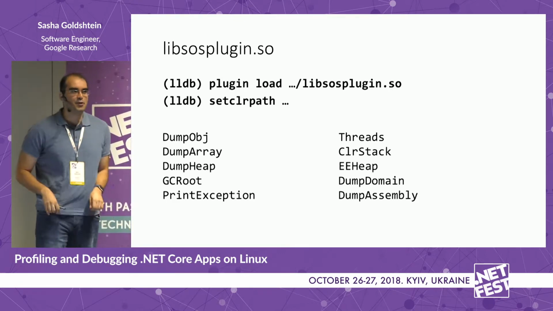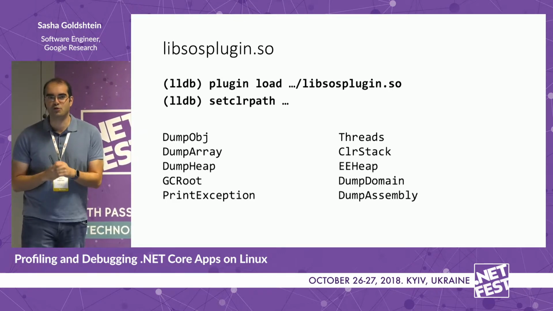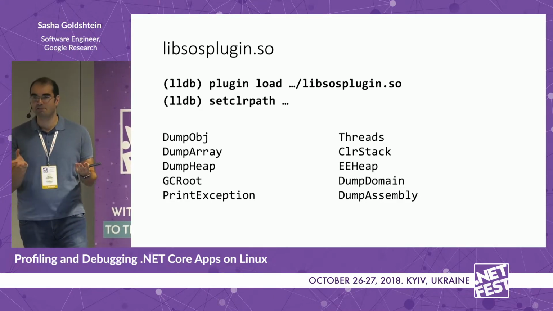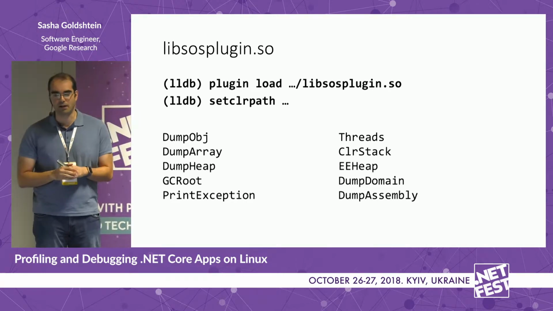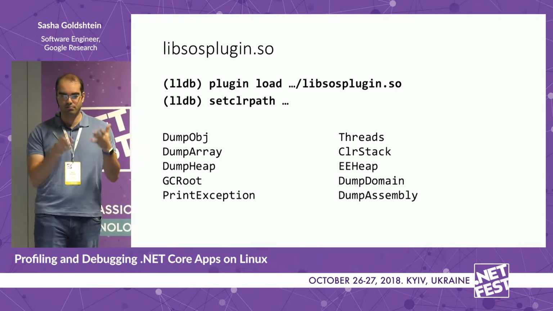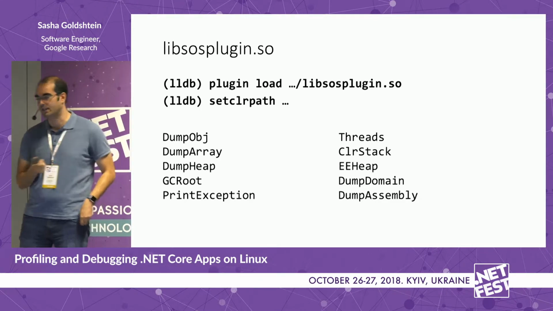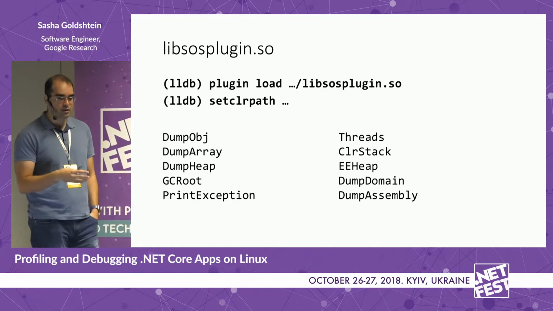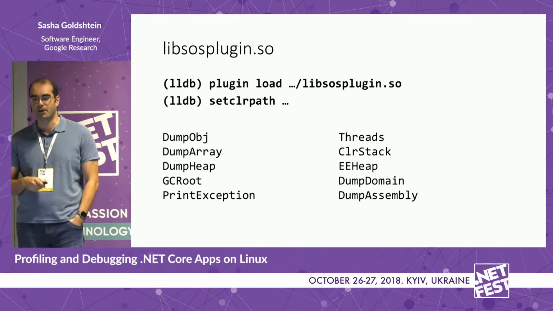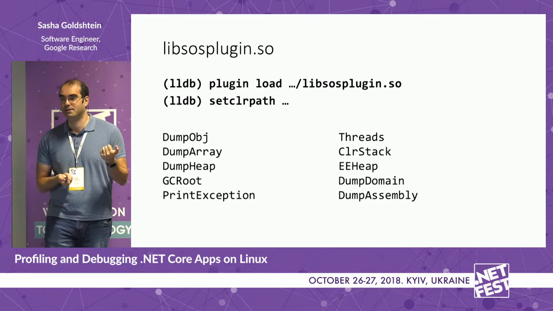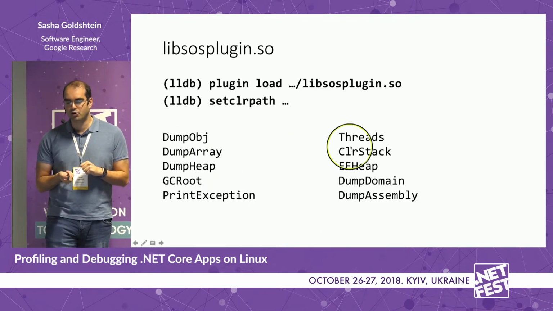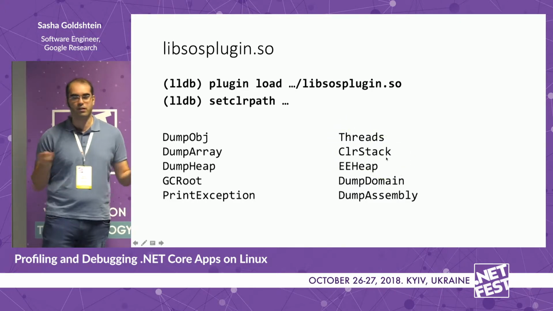On Windows, you might have heard about SOS, which you use with WinDBG. On Linux, we use libsos, which works with lldb. It's the same code, it's just the cross-platform version of SOS. And you load it into lldb, much like you load SOS into WinDBG, and then you have a bunch of commands that you can run. Dump an object, print all heap objects, show the .NET threads, print the .NET stack trace, so many beautiful things.